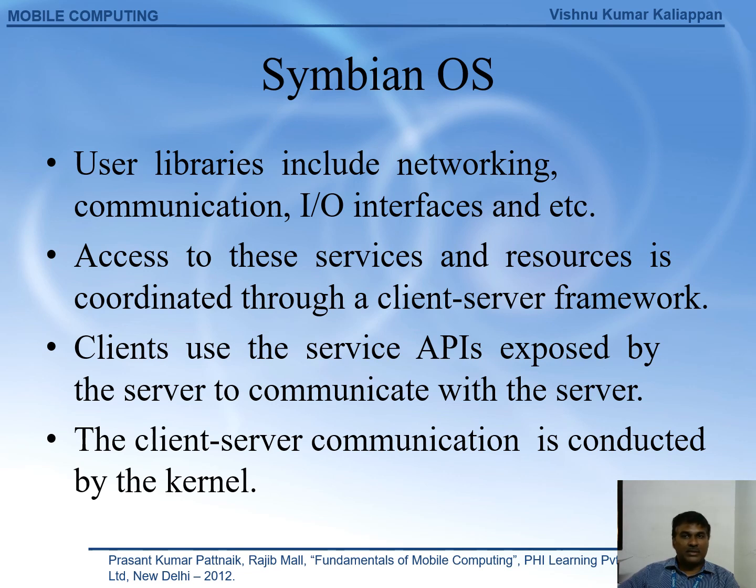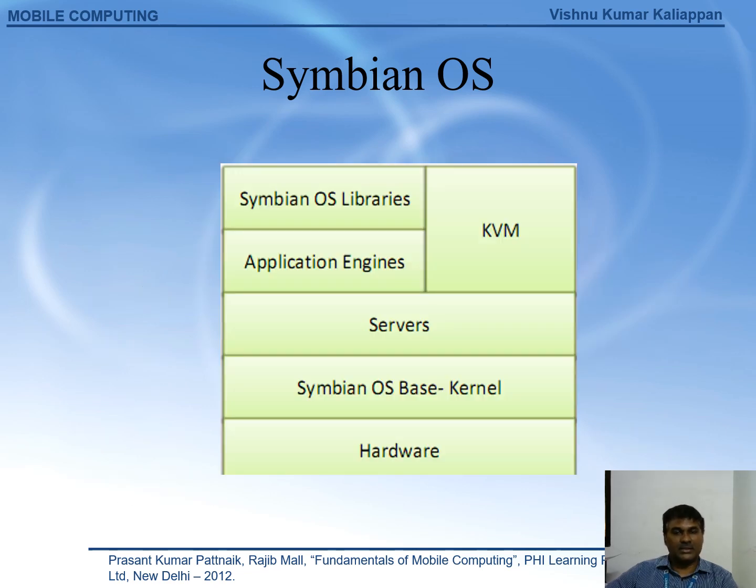User libraries include networking, communication, I/O interface, etc. Access to these services is completely coordinated with the help of a client-server framework. The API is completely exposed to the server to communicate with the server. The client-server communication is conducted by the kernel itself.